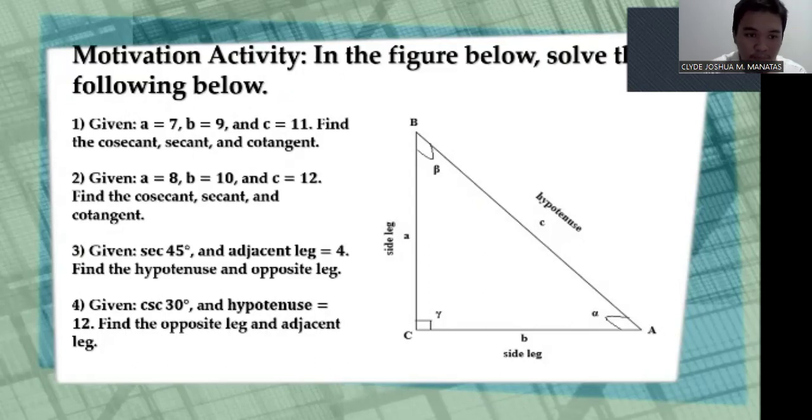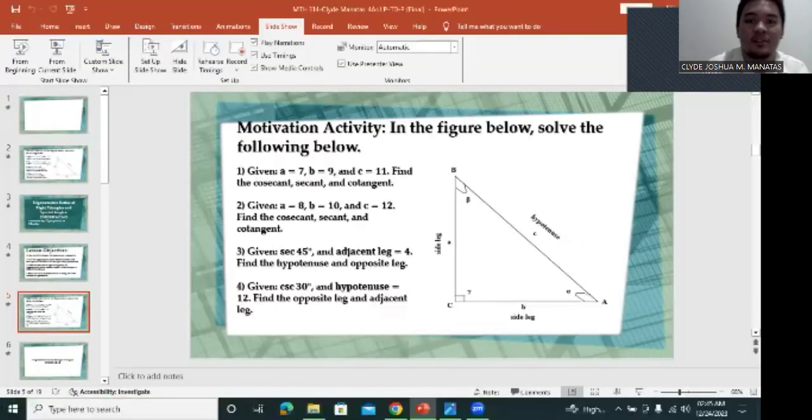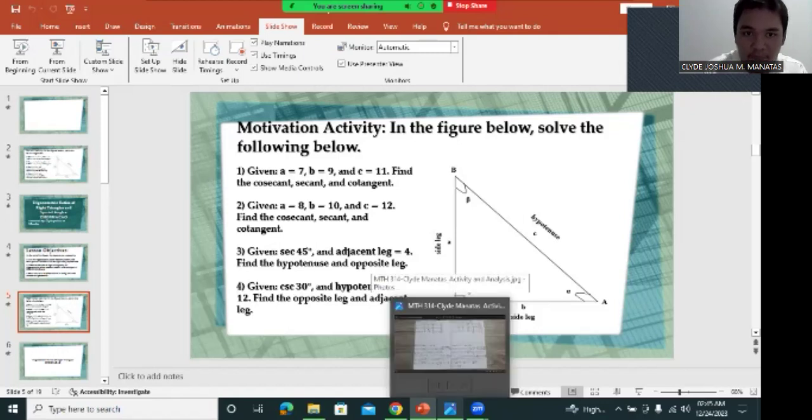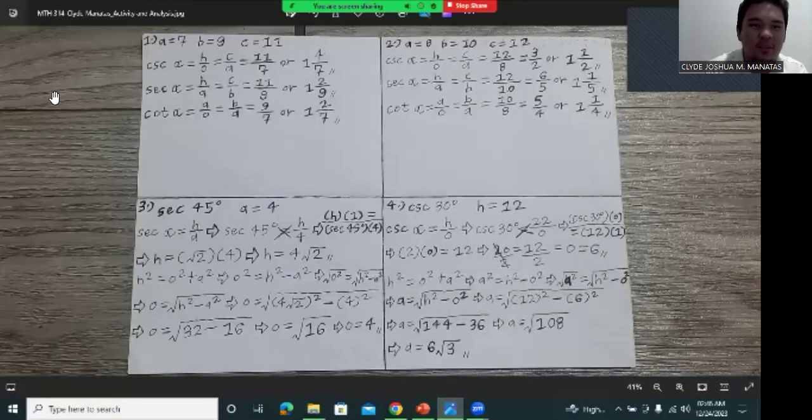Okay, so let's see if you are correct. I have here the correct answer. For number one, the cosecant alpha is equal to 11 over 7 or 1 4/7.